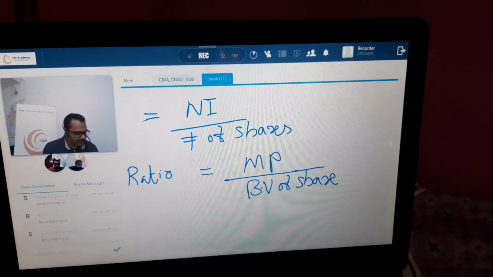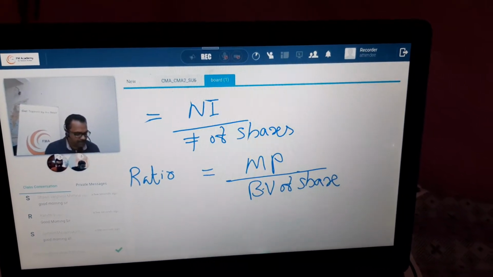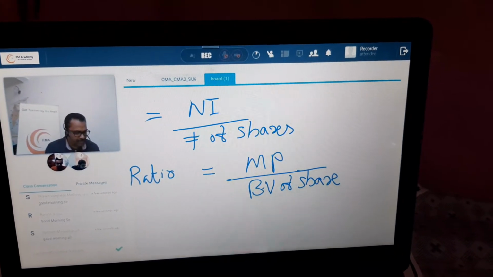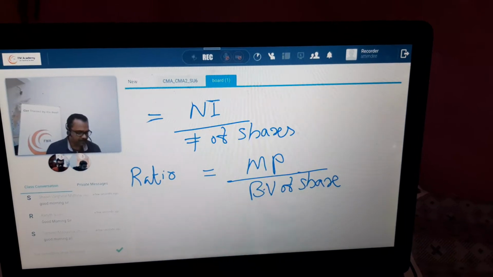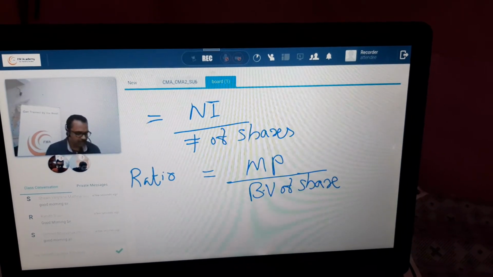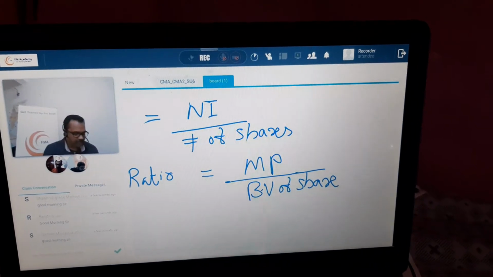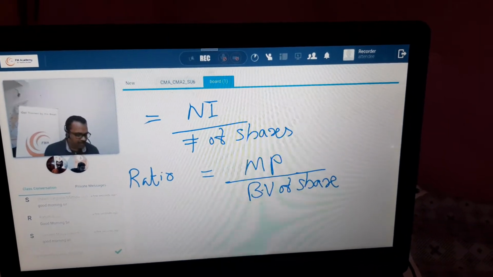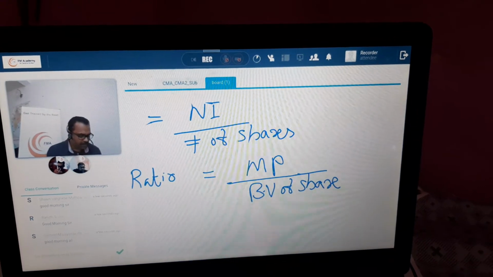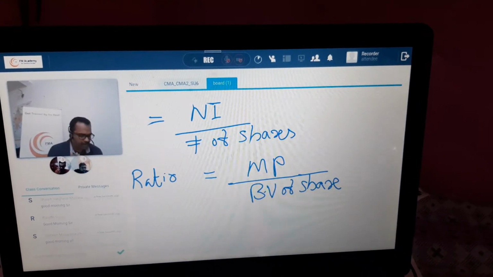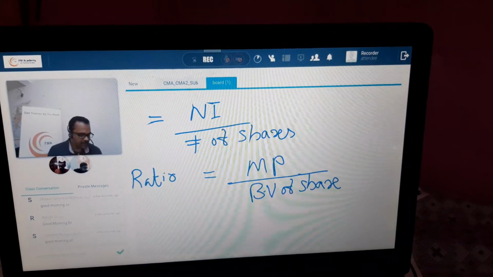What is the question? If public companies in Clark's industry are trading at 12 times earnings, in the same industry let's say the companies are quoted at 12 times earnings, it means the PE ratio is 12 times.